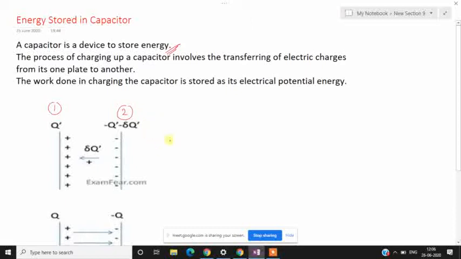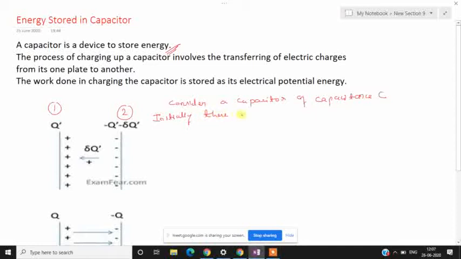So let us consider a capacitor of capacitance C. And initially, let me say that these plates are uncharged.